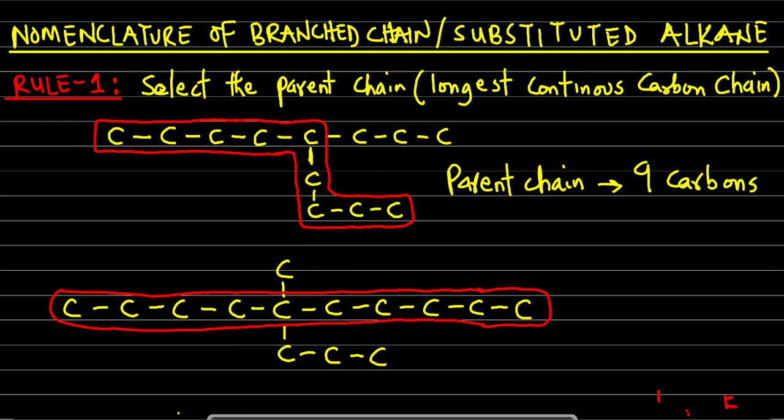So you might want to ask, how did we get that? You just simply count 1, 2, 3, 4, 5, 6, 7, 8, 9. So this happens to be the parent chain because it is the longest.